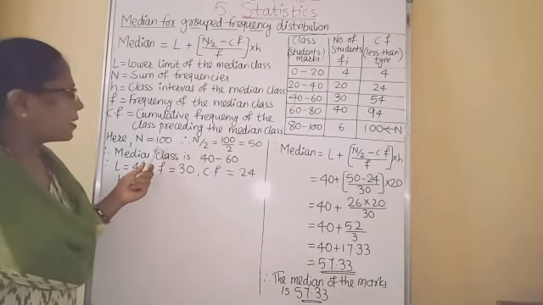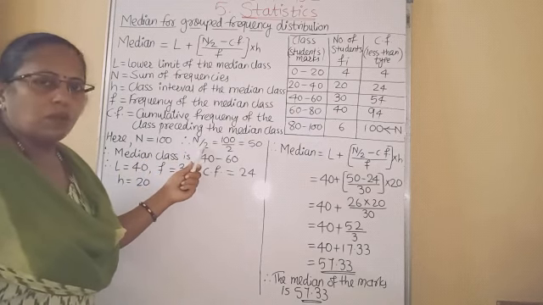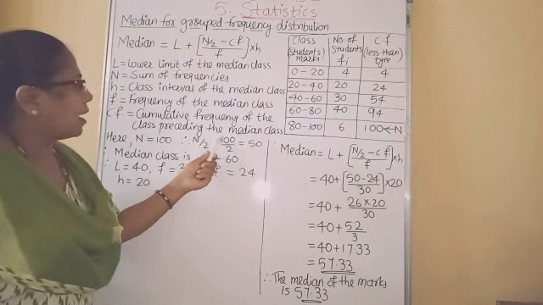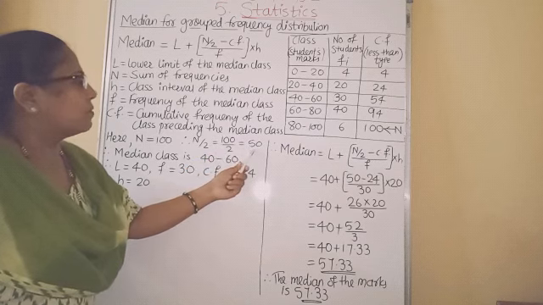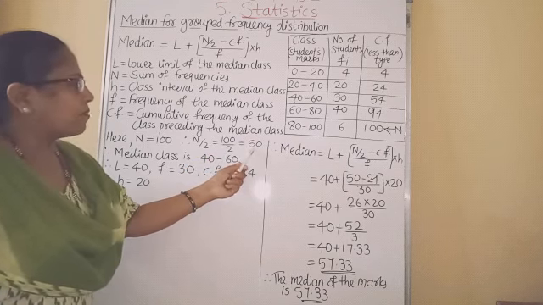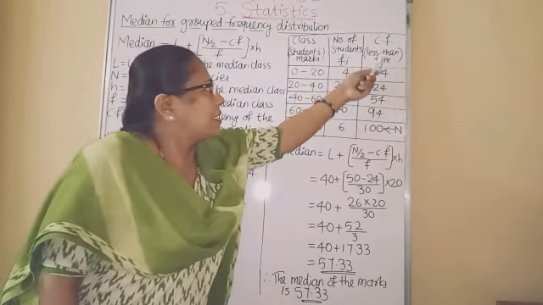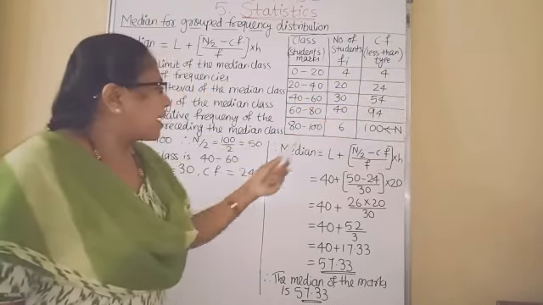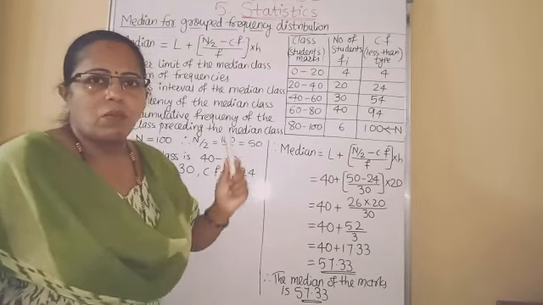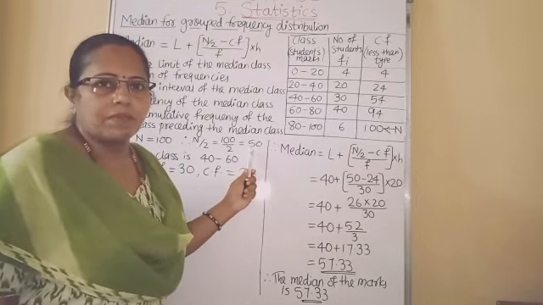Now after getting N, we have to find N upon 2. So 100 divided by 2 is equal to 50. This step is very important. Now we have to observe the cumulative frequency table and find the CF which is just greater than 50.